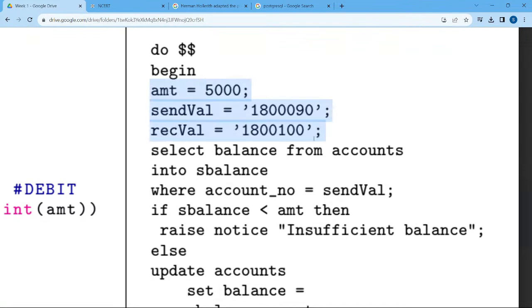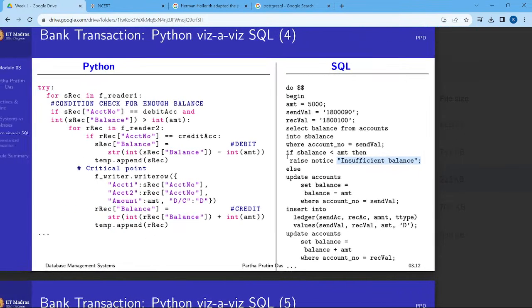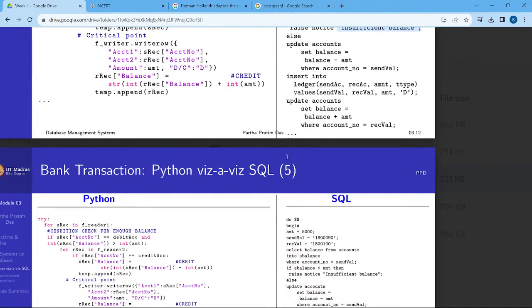Begin, setting amount, select balance from account. So there must be something called accounts. We are selecting balance from it, and into the balance we are checking the condition, and if the condition is satisfied, we raise the notice. So basically, this is error management or exception handling.